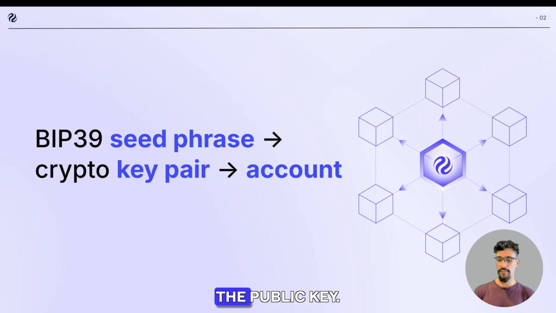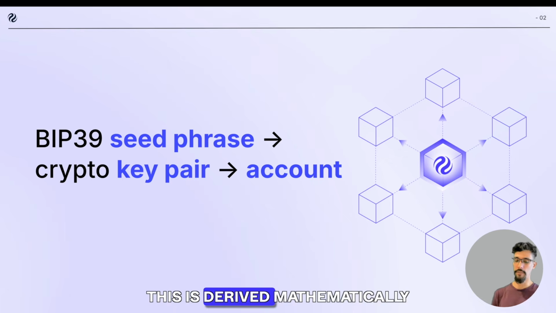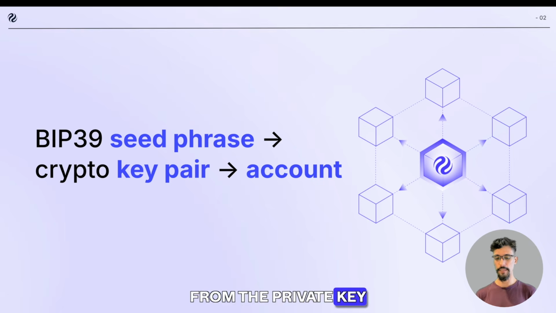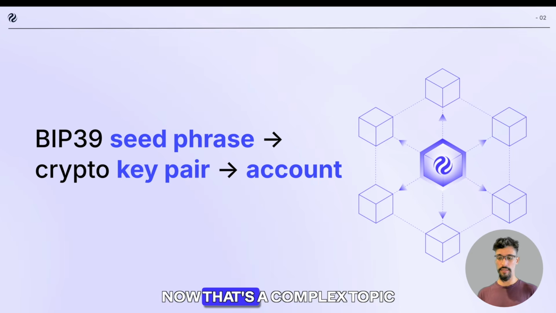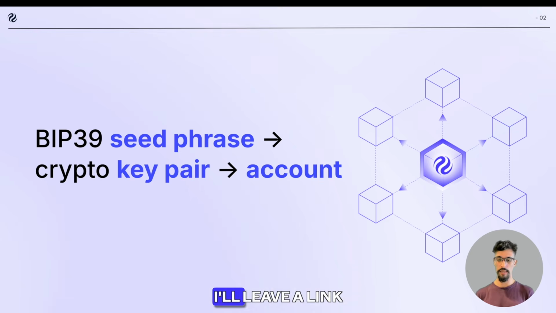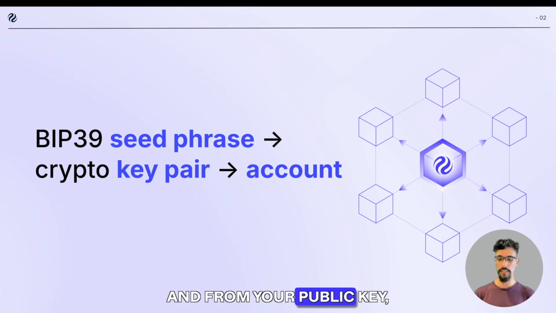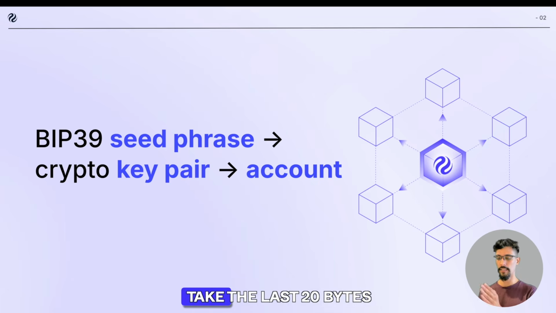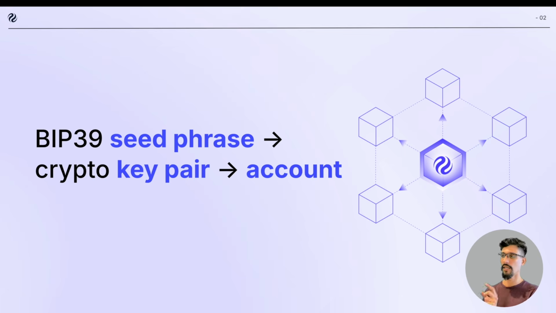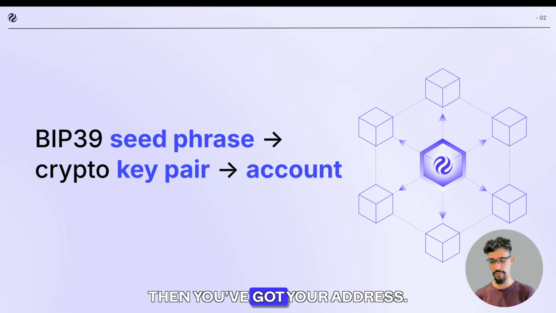Next up, we have the public key. This is derived mathematically from the private key using elliptic curve cryptography. That's a complex topic and out of the scope of this course, but if you'd like to learn more, I'll leave a link in the description below. And from your public key, what you do on EVM networks is simply take the last 20 bytes of the hash of the public key and do some formatting, and then you've got your address, right?